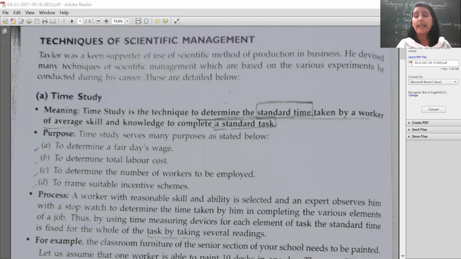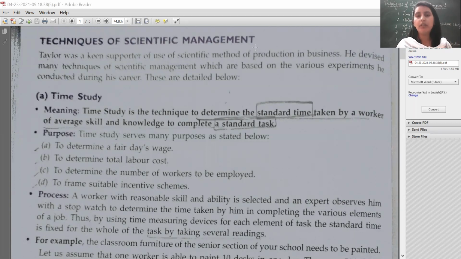Now, beta, techniques means that whenever you are doing the management at the lower level, you are supposed to follow a particular method, follow a scientific inquiry, and then you will decide how you are going to work. For example, first one is time study. Scientific means scientifically we will study about the time.